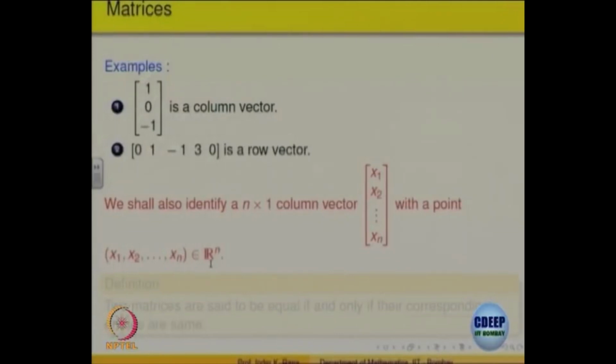You can add functions, subtract, scalar multiply, multiply functions, or compose functions.